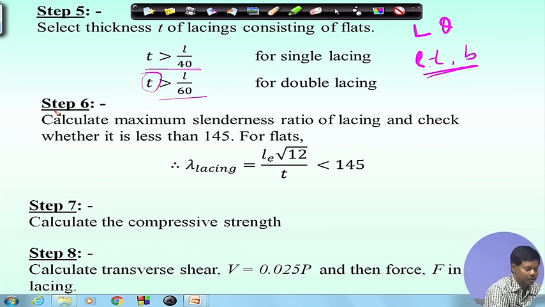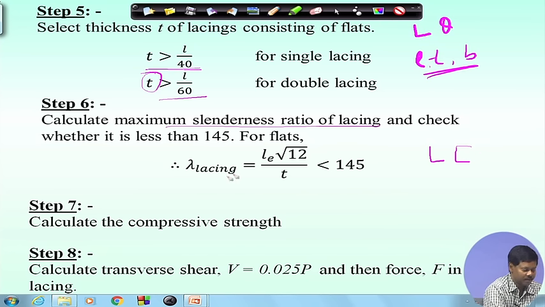Now, we have to check the slenderness ratio. So we can find out the maximum slenderness ratio of the lacing system. Generally, in case of lacing system, lacing members are either flat plate or maybe angle or maybe channel, right.